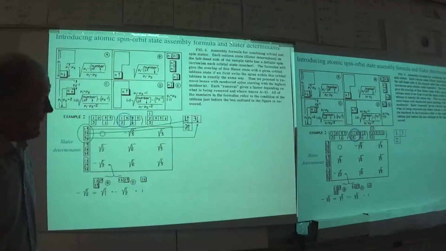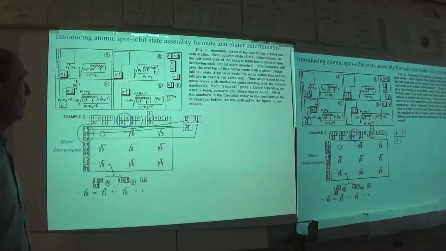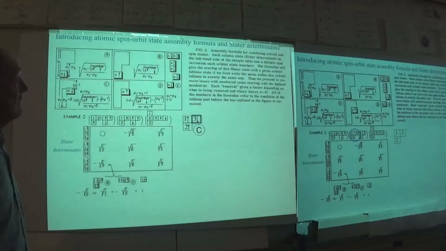Now, the next step is to rip off the biggest orbit. I should say the most advanced orbit. This is actually the least orbit. This is 3 is equal to -1. But whoever came last, last in, first out.